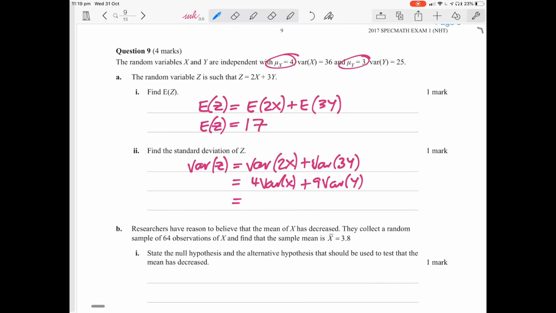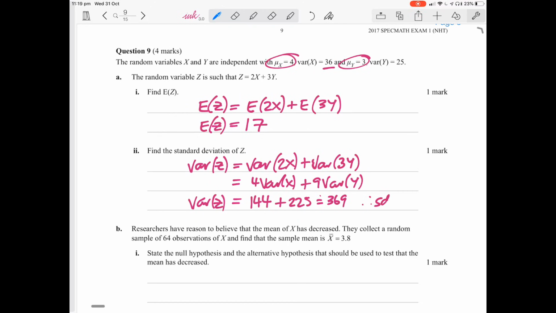Okay, 4 times 36 plus 9 times 25. 4 times 36 is 144, plus 9 times 25 is 225, which is 369.